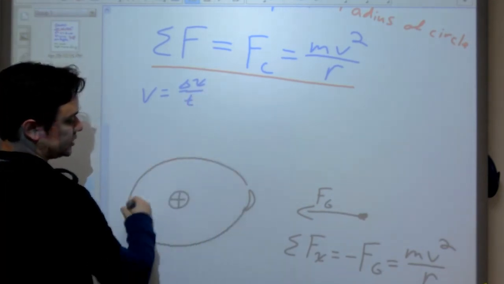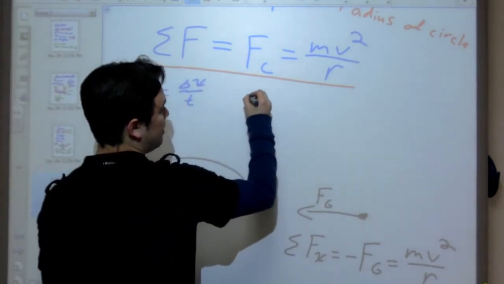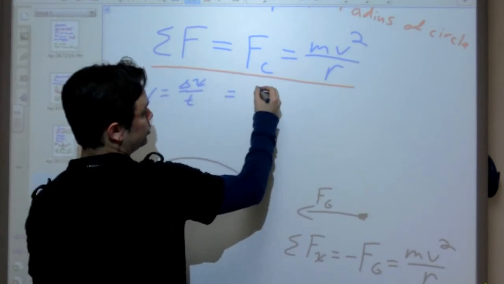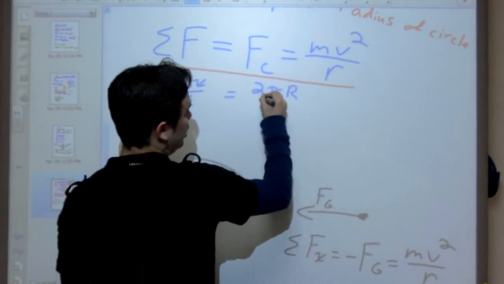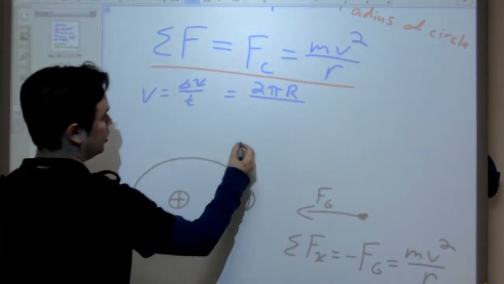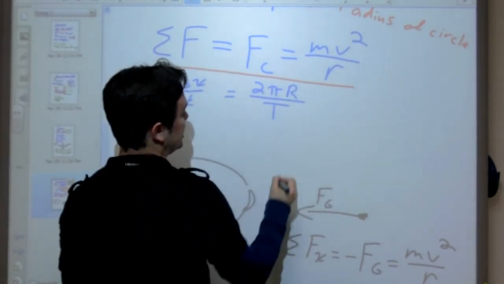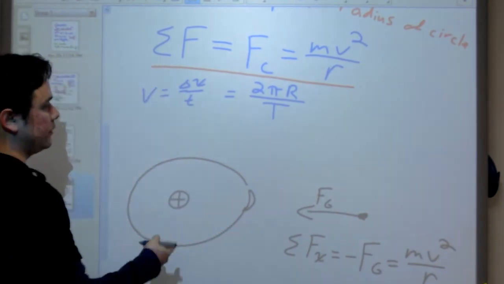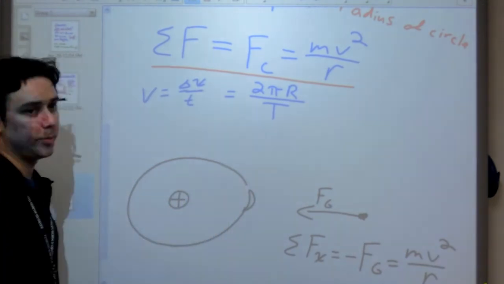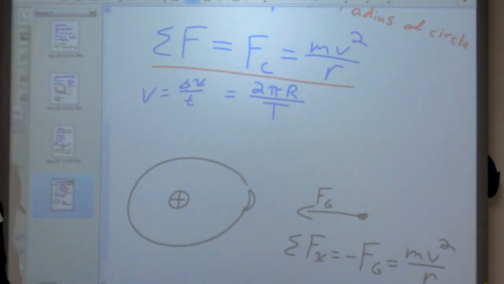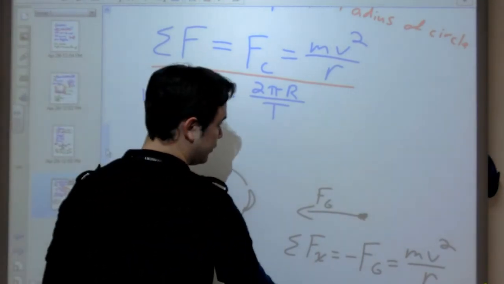You can find the velocity of something going around in a circle by taking its delta x, the total distance that it goes, which is 2 pi r, the circumference of that circle, divided by the time it takes, its period. We use that to great effect to find our velocity here for our centripetal force and so forth. We ended up using this often in things like finding how fast the International Space Station would move.